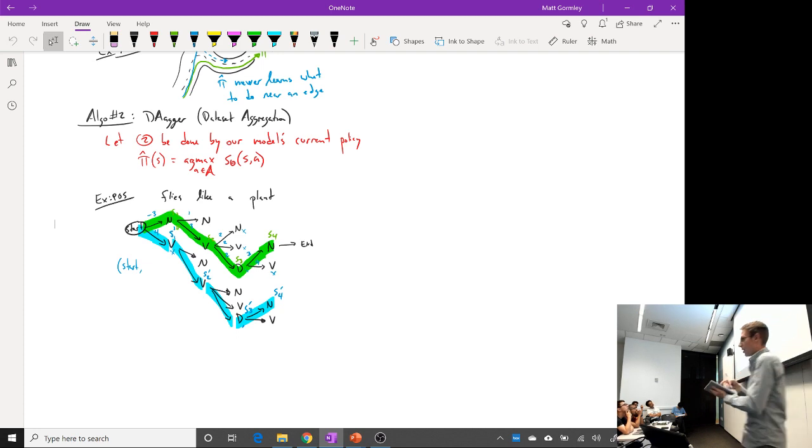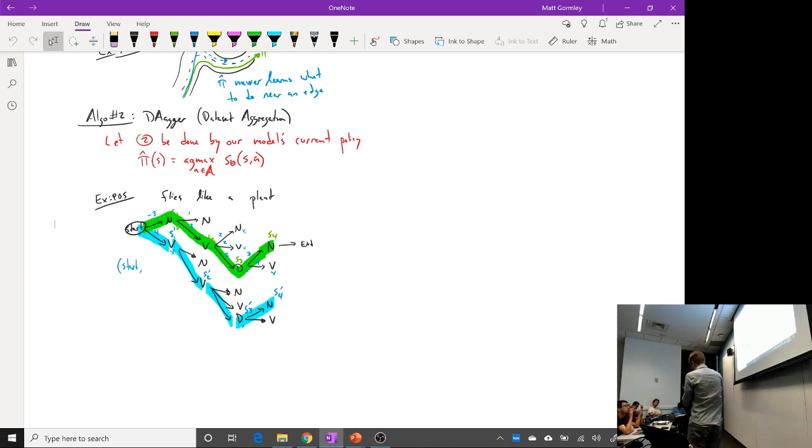Okay, but then, because we're going to follow the model's policy, we're going to have an example S1 prime, verb. And then we'll have S2 prime, determiner, and S3 prime, noun. And finally, S4 prime, or we could say this reaches the terminal state.